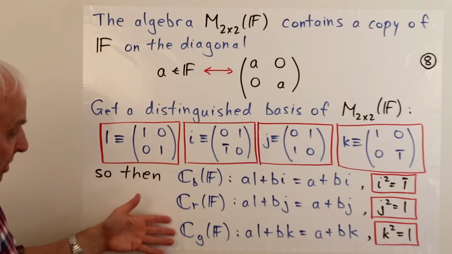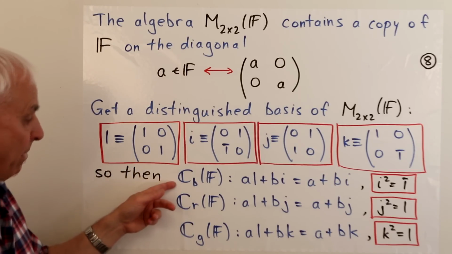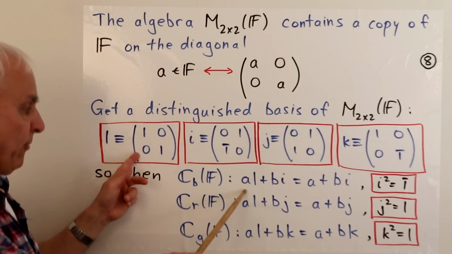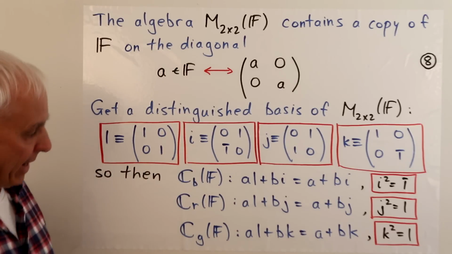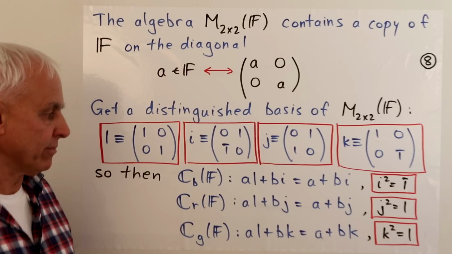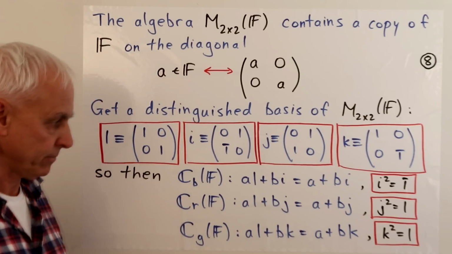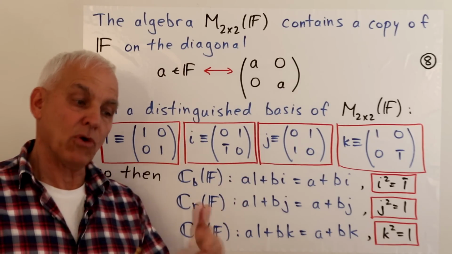And then we have a description of these complex numbers that we've introduced. The blue complex numbers, C sub B of F, are things of the form A times this matrix plus B times this matrix. And we'll allow ourselves to just write that as A plus BI. Now we see what the role of I is.